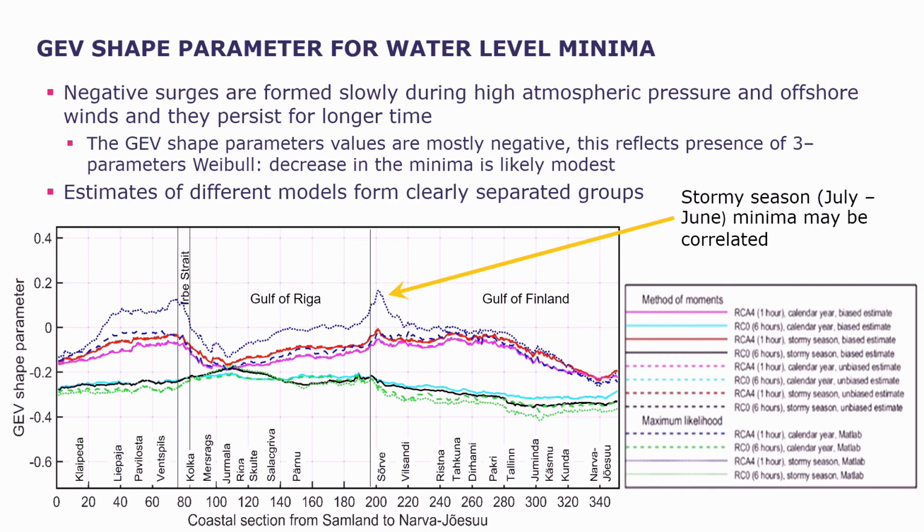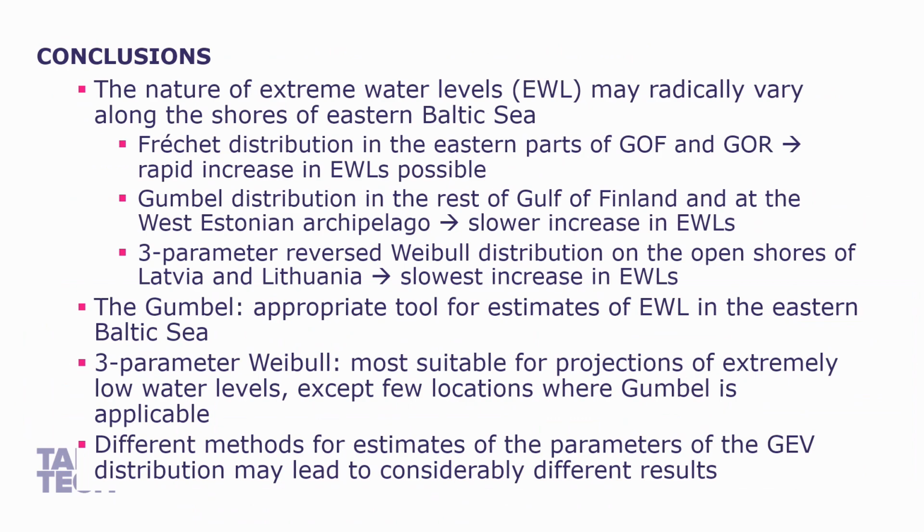And it is also possible that in some regions or coastal sections, some recordings there already are the maximum possible minimum. And the estimates of different models clearly separate into two different groups.